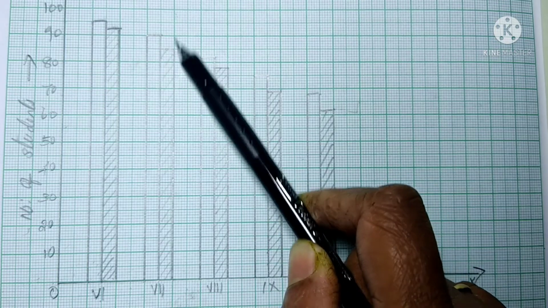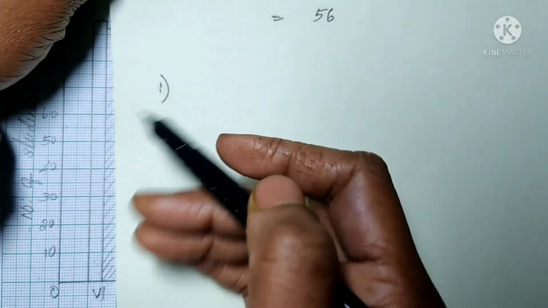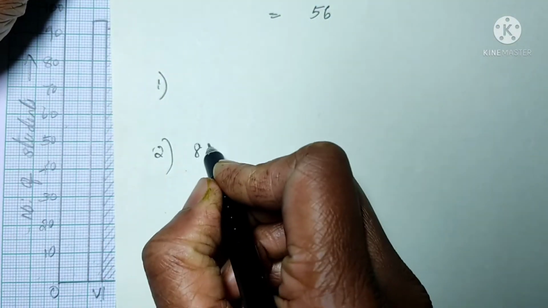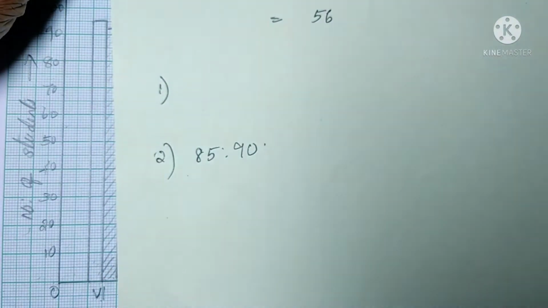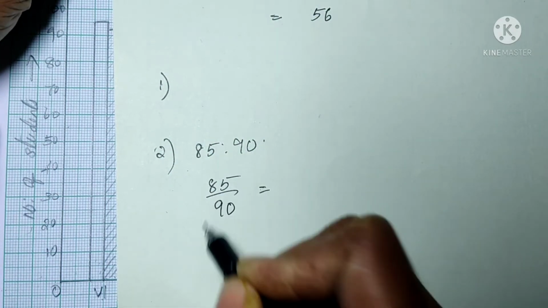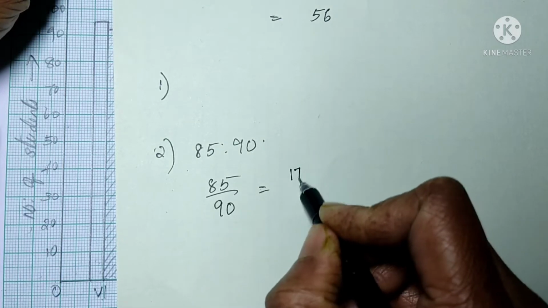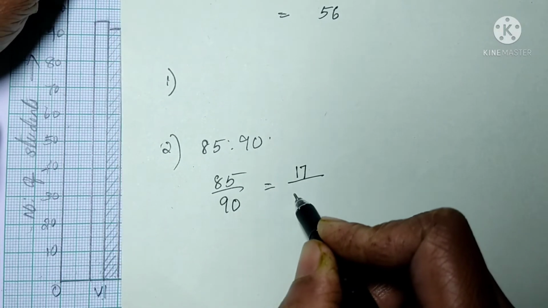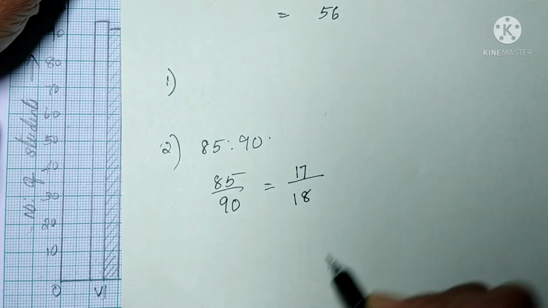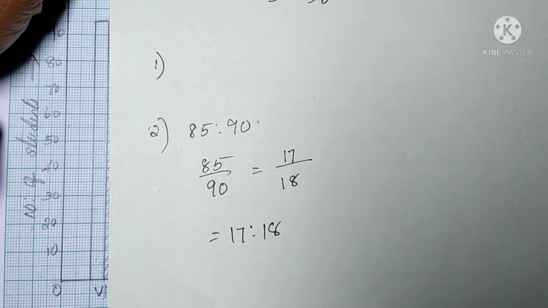So the ratio of 85 and 90 we have to find. That is 85 by 90. Both of the numbers we can cancel by 5. So 17 will come here and here 18. So our required ratio is 17 is to 18.